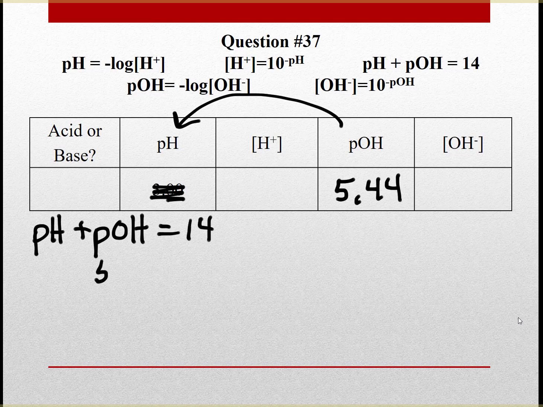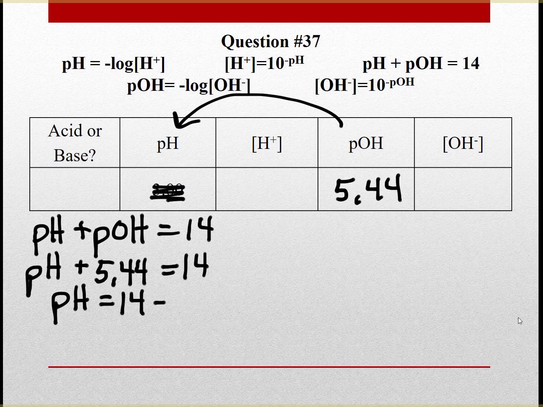I know my pOH is 5.44, so my unknown is my pH. So get all the numbers on one side. Subtract each side by 5.44. Maybe you can do this in your head, but I like to use a calculator. I get 8.56. So that's my pH.